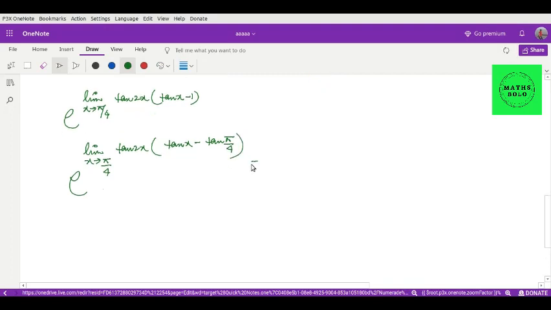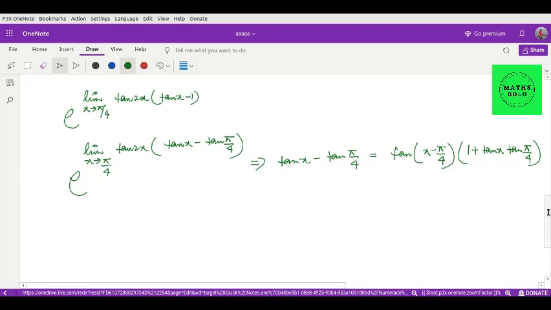So we have to do something for this term, because tan x minus tan pi upon 4 is equal to tan of x minus pi upon 4 into 1 plus tan x tan pi upon 4.